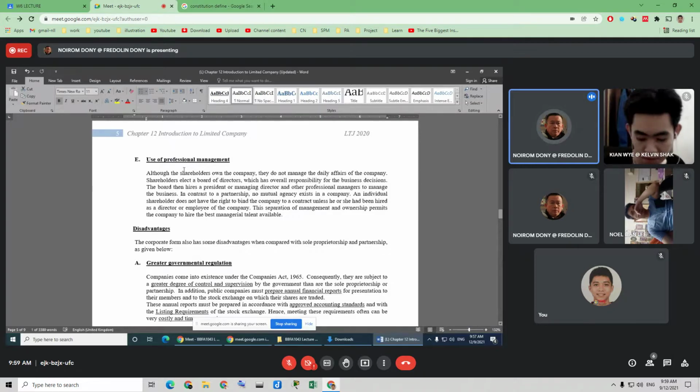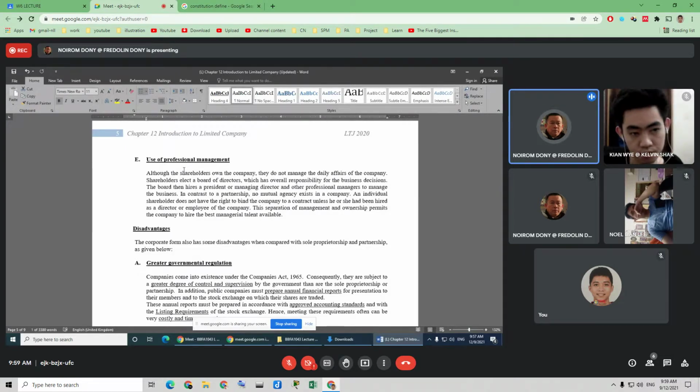So this separation of management and ownership permits the company to hire the best managerial talent available. Meaning to say, because they cannot participate in managing the business, the shareholders can elect who the directors are and who the managing director is. When they elect, they select professionals, those with experience. They have to check the background, isn't it?